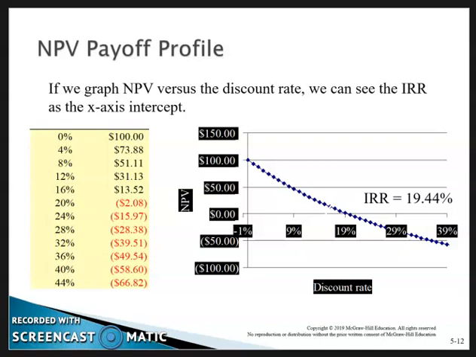Then that goes all the way down to negative $66.82. The IRR crosses right here at zero. Excel is very efficient at creating charts and spreadsheets like this. If you have any questions about them, feel free to ask me.